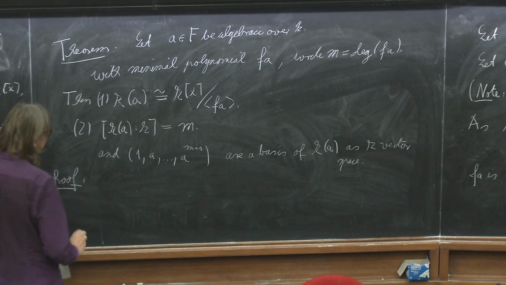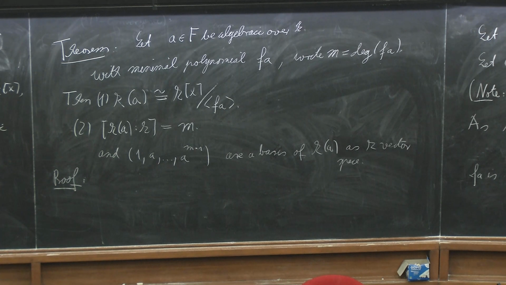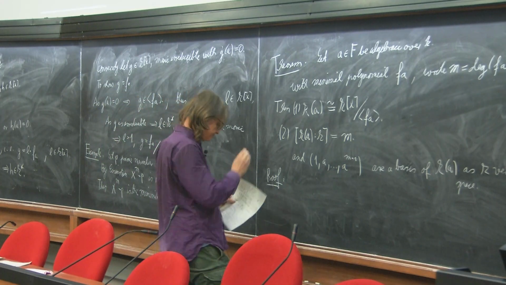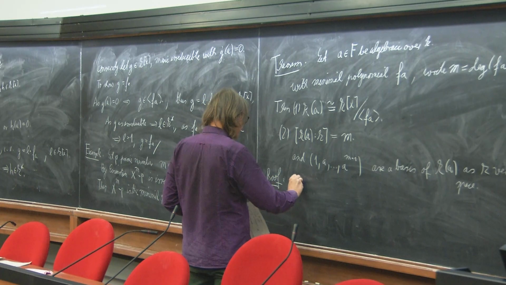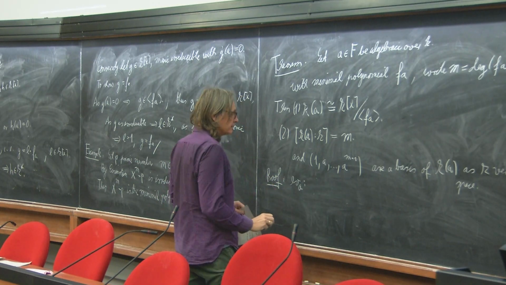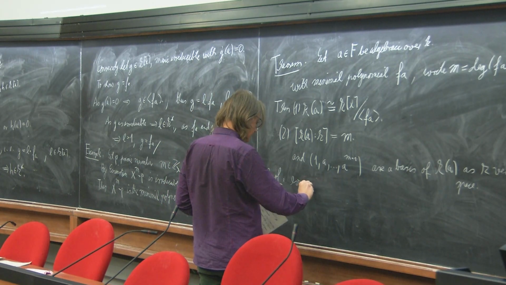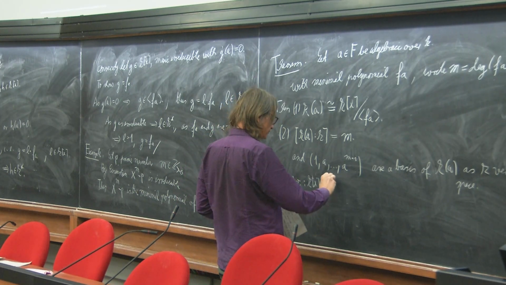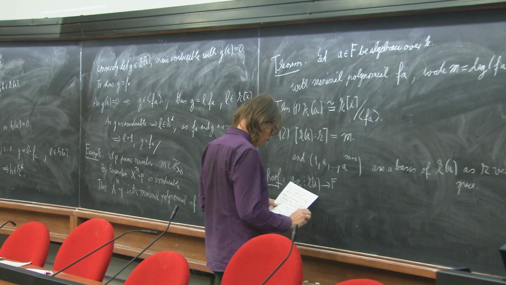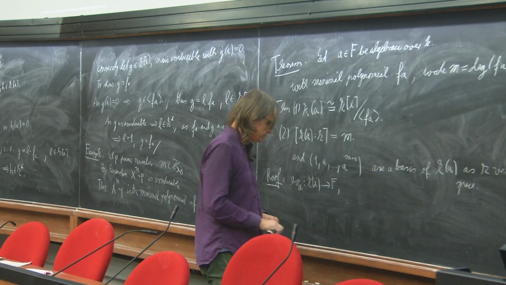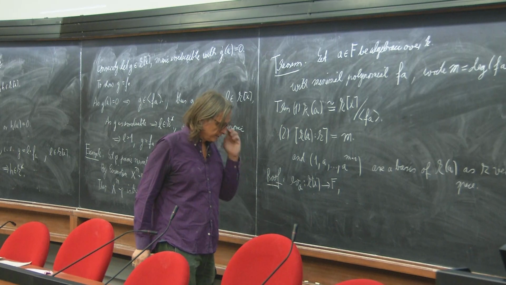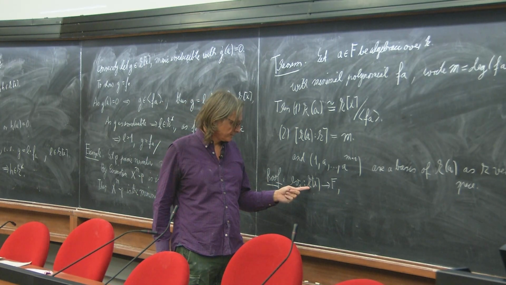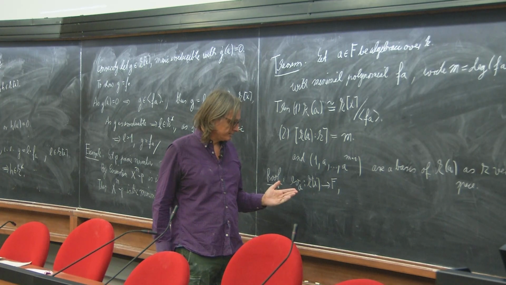So let's first prove this. So I use this definition with the evaluation homomorphism. So if I have the evaluation homomorphism from Kx, a priori it goes to F. But what do you do? You take a polynomial and you replace x by a.